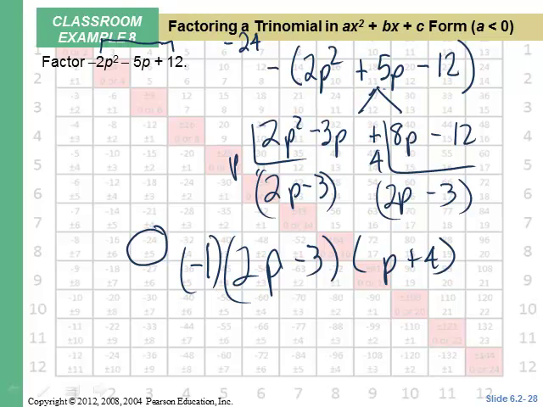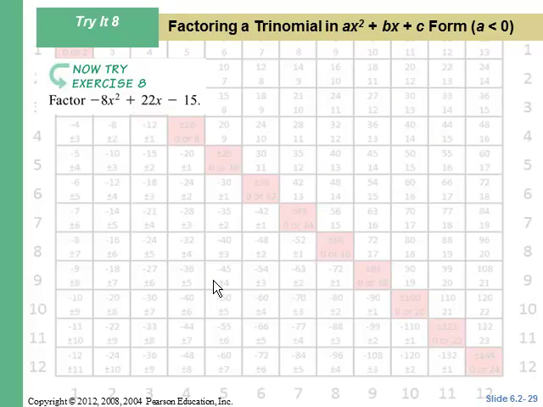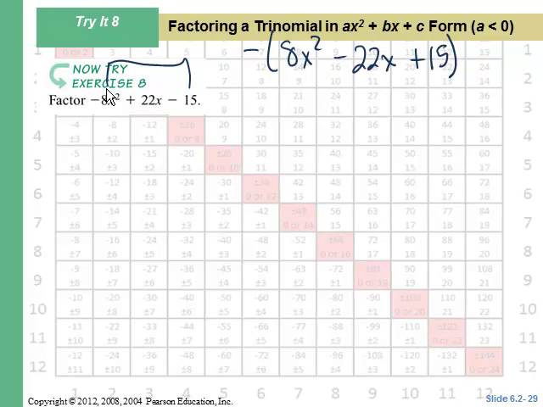Now, some people don't like that negative 1. I'm not worried about that. So for this one, rewrite it without the negative sign. Remember, this times this is 90.